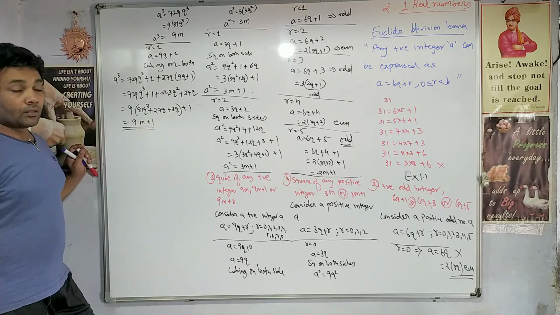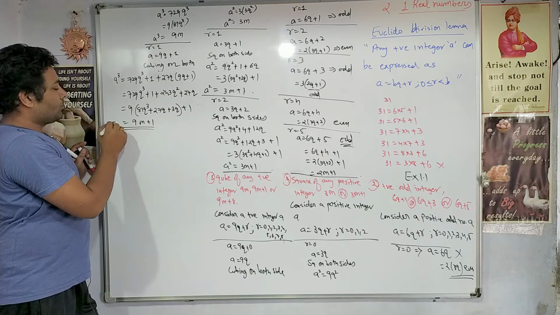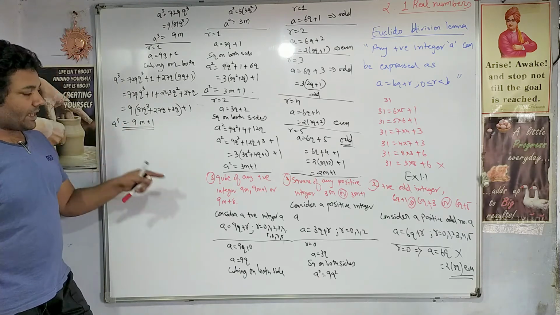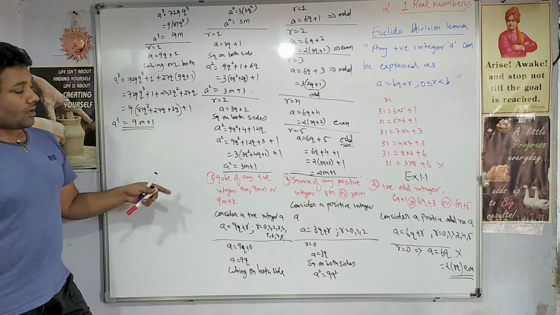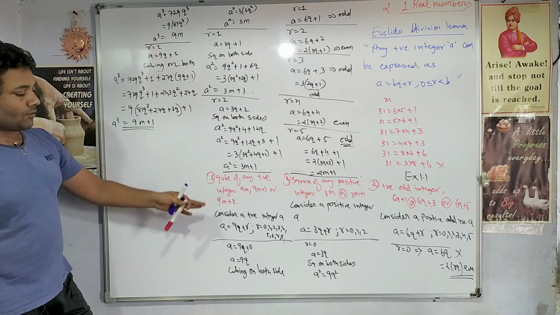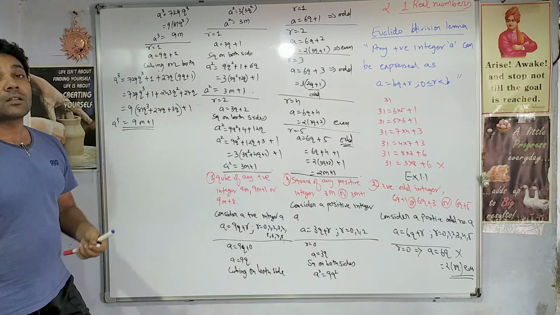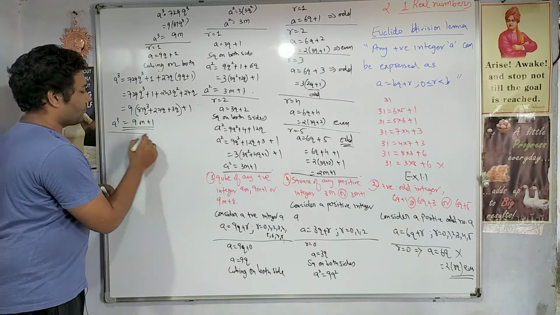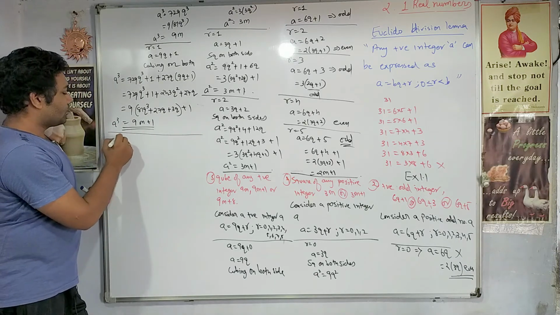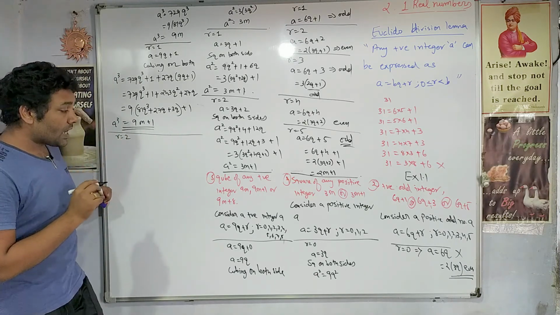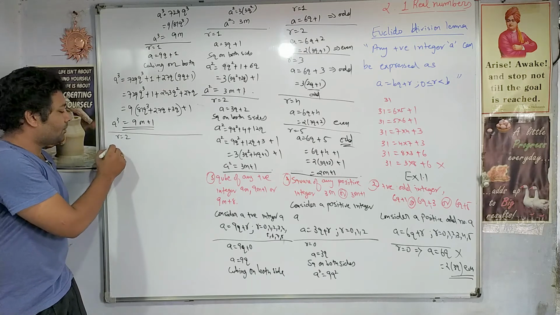See, again proved that cube of any positive number can be this or this. If we continue solving with r equal to 1, 2, 3, 4, we will also obtain this format. Let us continue. So now if I take r equal to 2, what will it be?